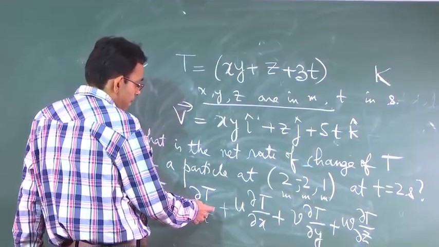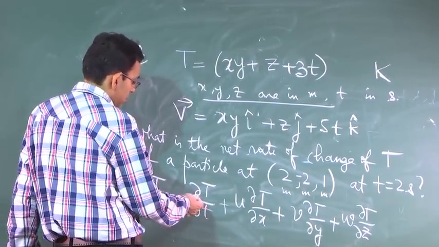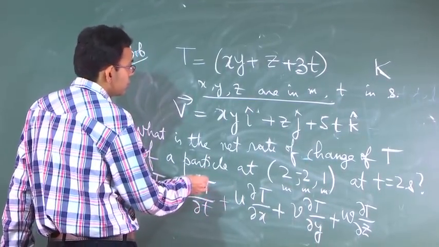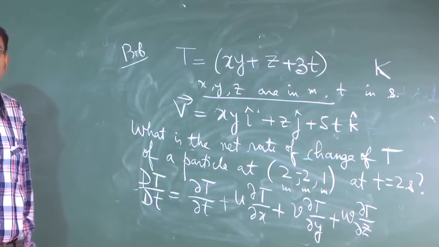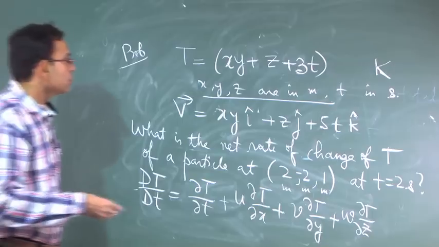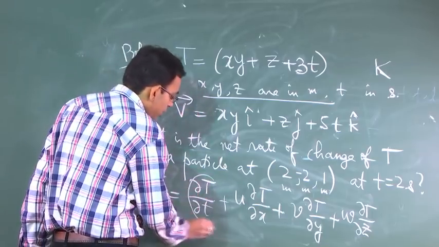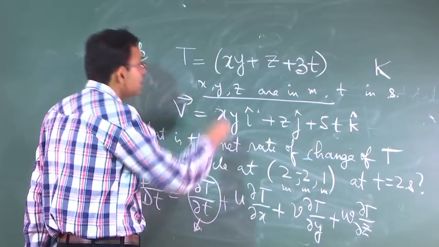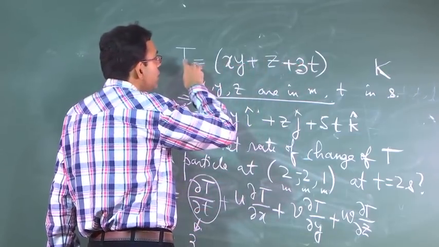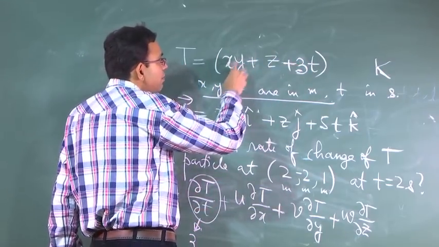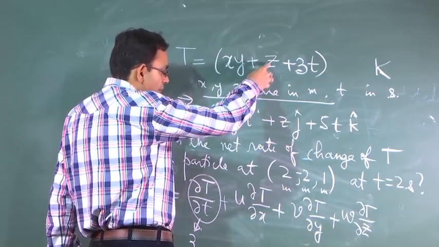So, now it is a matter of substituting values. This is simple partial differentiation. For example, when you write this derivative with respect to time, it is just 3. When you differentiate this with respect to time, these are fixed.